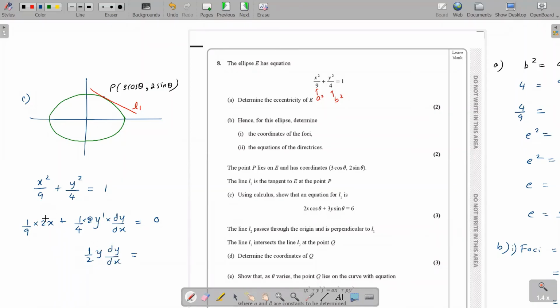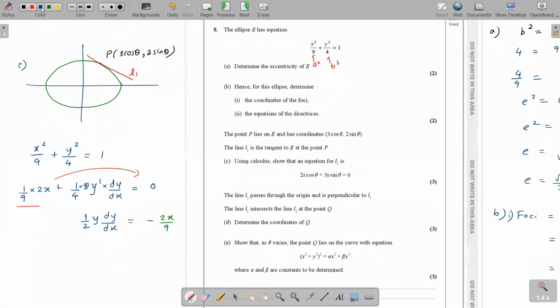The other term, 1 over 9 times 2x, goes to the other side as a minus: minus 2x over 9. So dy by dx equals minus 4x over 9y. Do you agree? And now what do we do? Replace the x and y.